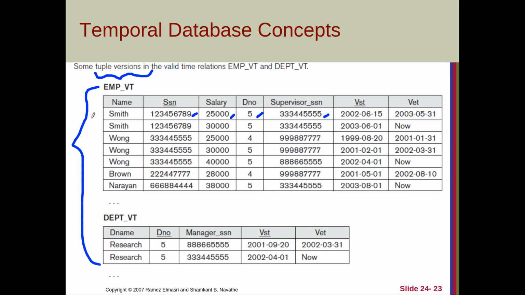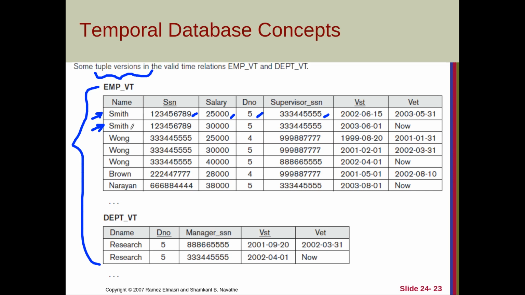Now just after that we can see another tuple for the same employee Smith. This is another tuple version for the first tuple. Look at this row, this tuple, in detail. Why did we require this second tuple?